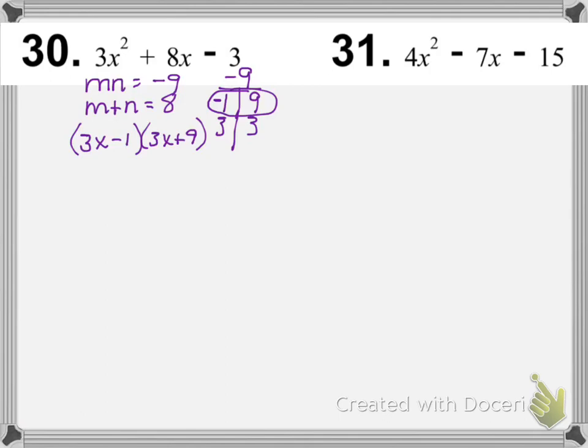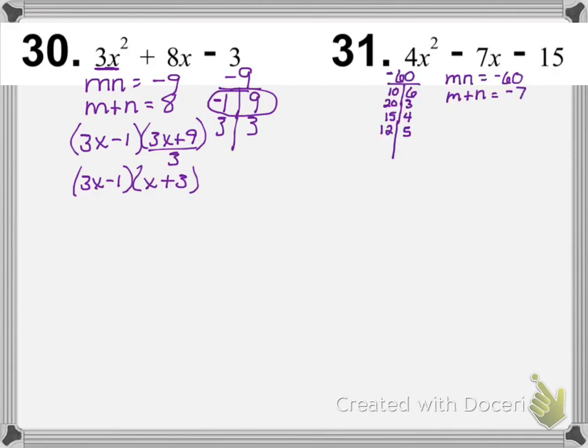We do that even with the leading coefficient being 1. If I've got 3x squared right here, I'm just going to stick 3x on both of them. This one's too big, so divide by 3. So I've got 3x minus 1, x plus 3.